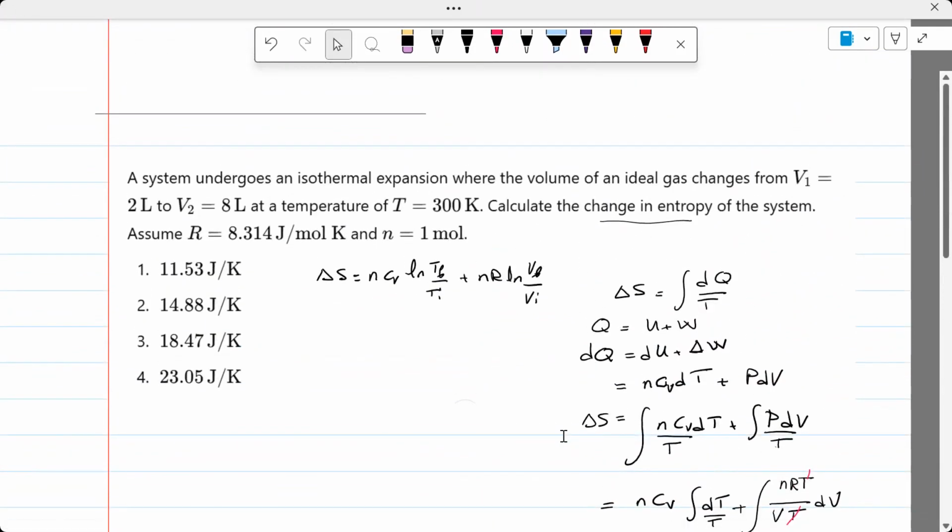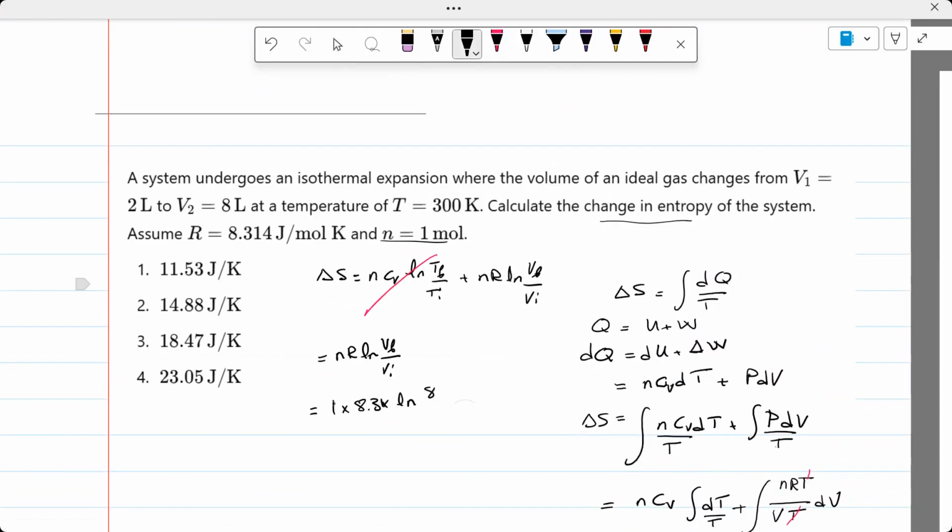All right, so here I have an isothermal expansion. Lucky me, I will cancel this out, and I will write delta S to be nR ln V final over V initial. We have the volume change, and we have the number of moles, and we have R, so all is quite straightforward here.